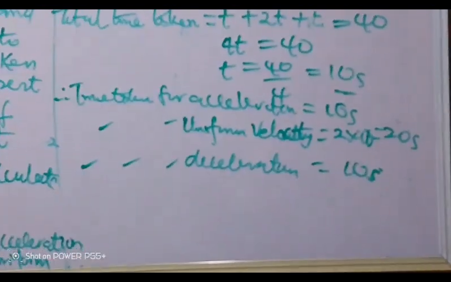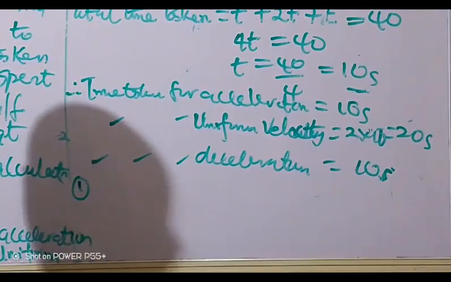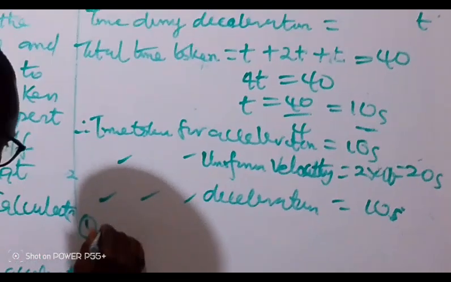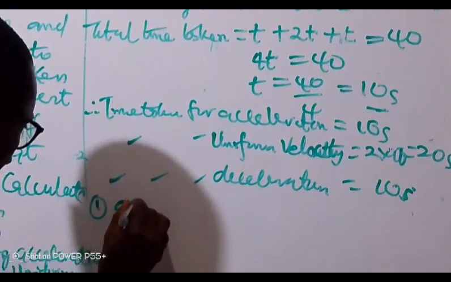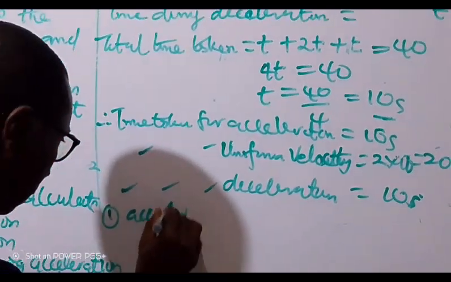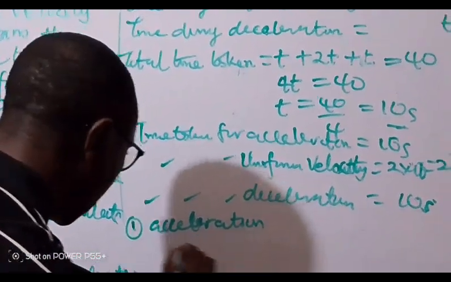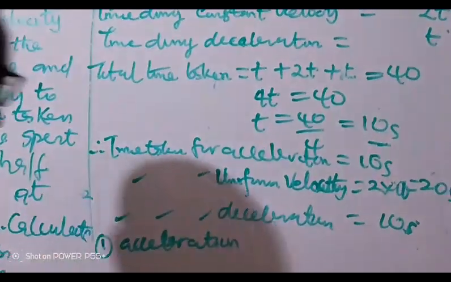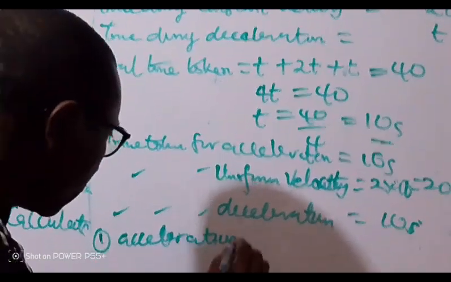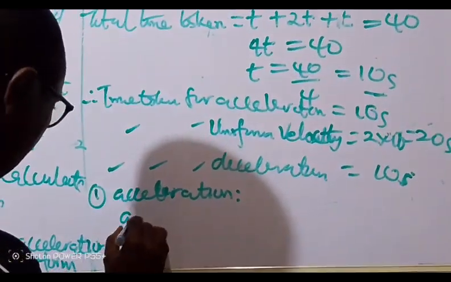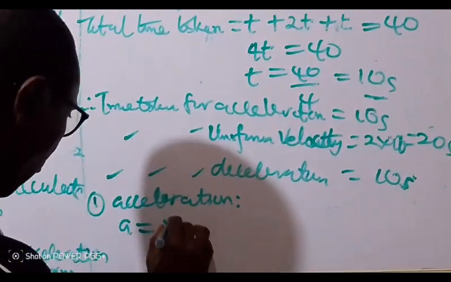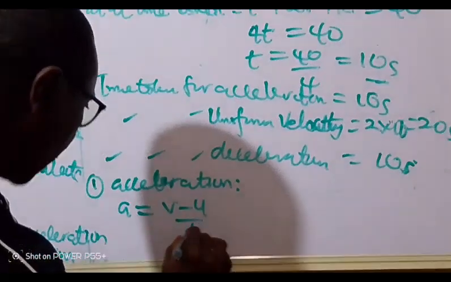Now, to calculate acceleration. Acceleration will now be equal to, using our formula directly, a is equal to v minus u over t.